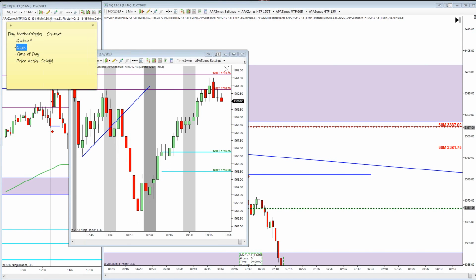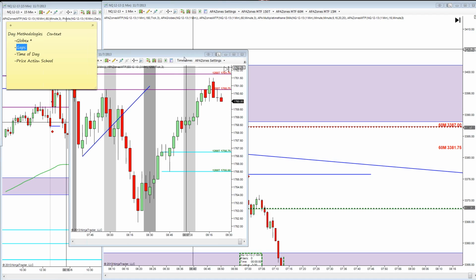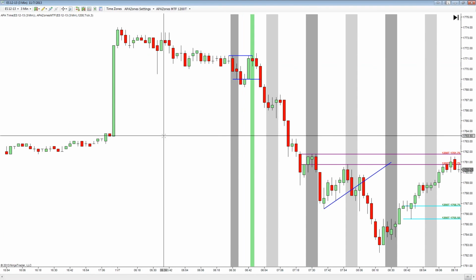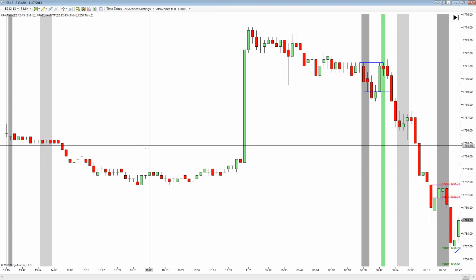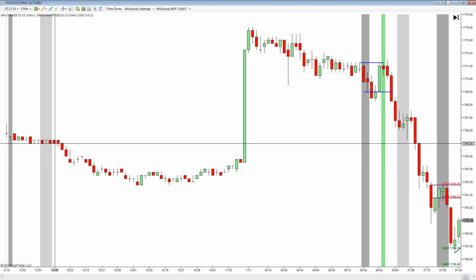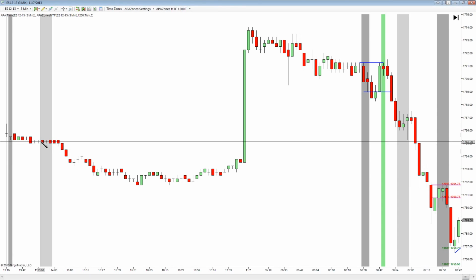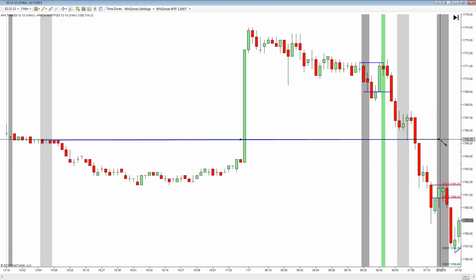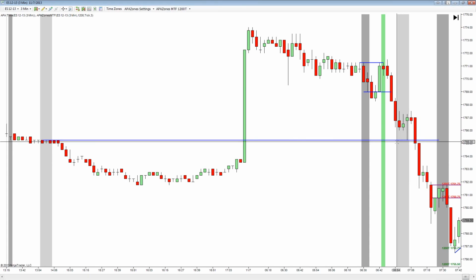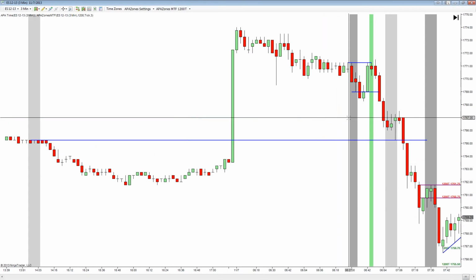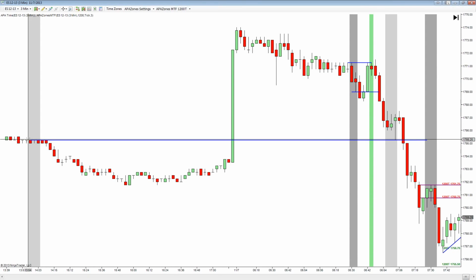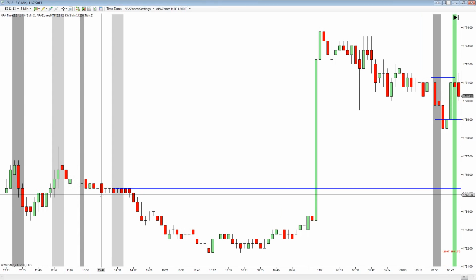Now, obviously, we talked a little bit about the gaps and the gap closure, and I think that's also really nice to consider. So here's the gap there and there. You can kind of feel where the gap closure was, maybe a little bit.